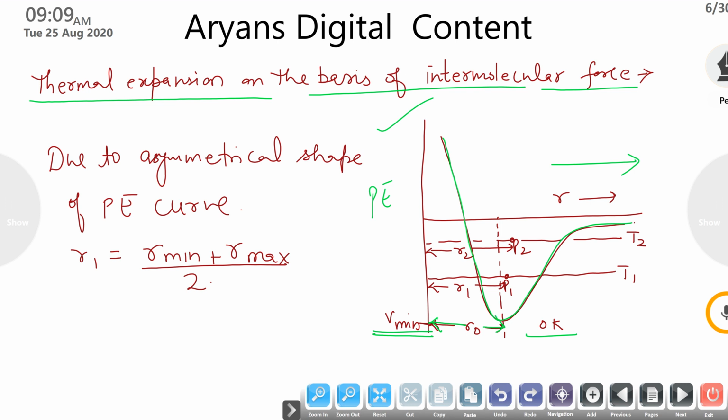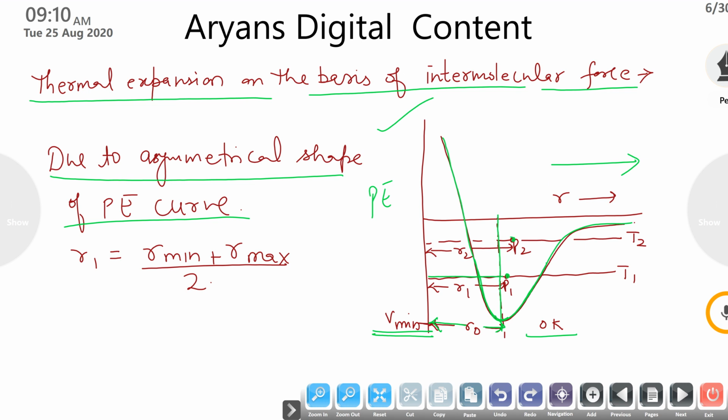As we increase the temperature, due to their random motion, particles start moving. But due to the asymmetrical shape of this graph, we can say that the separation between atoms is not at this point, it is somewhat greater than this point.